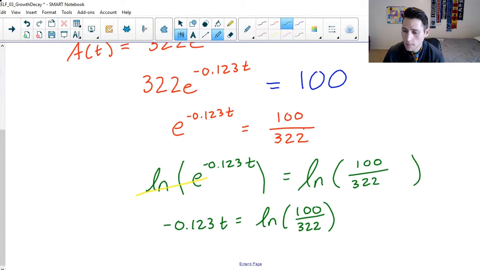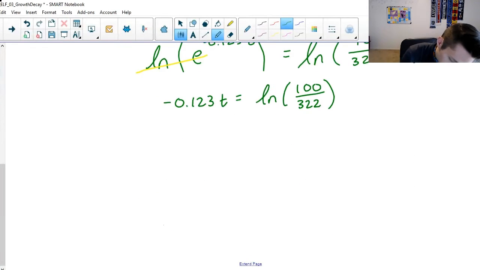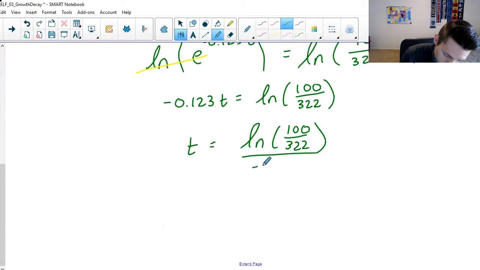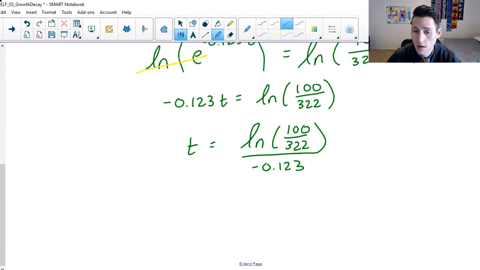So I'm here. And then lastly, to solve for t, I just want to divide by negative 0.123. So this is how I should be able to get my answer.